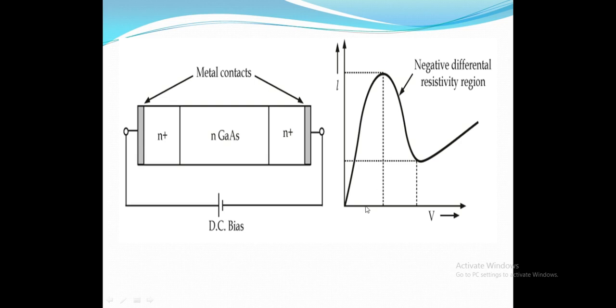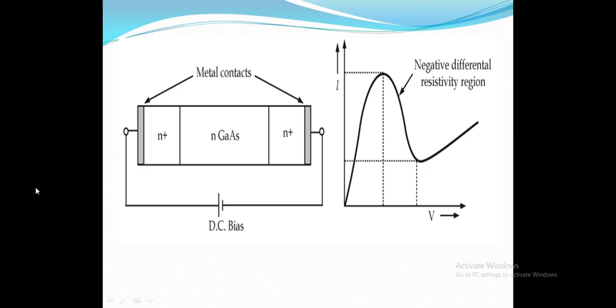After that, when the applied voltage exceeds the threshold value, that is 3.3 kilovolts per centimeter, the current, as you see in the diagram, decreases with increasing applied voltage, resulting in a negative resistance effect.